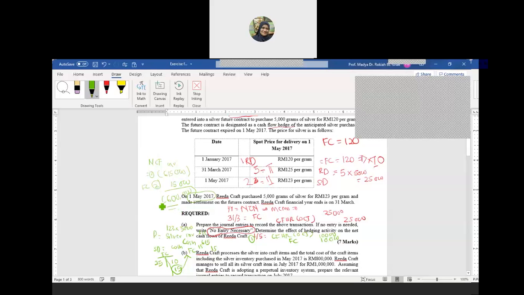The negative 600 is the same amount as if you entered the contract at the price of 120 times 5,000. So the cash involved here is only 600. If you don't enter the contract, the amount that you need to pay is 615. Since you have a future contract, you only have to pay 600.